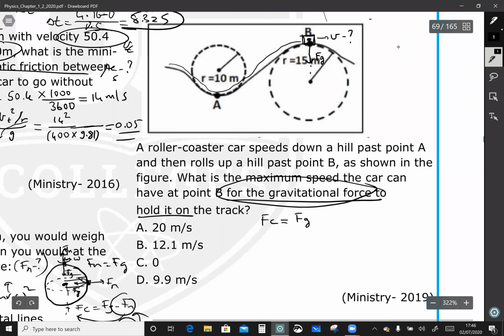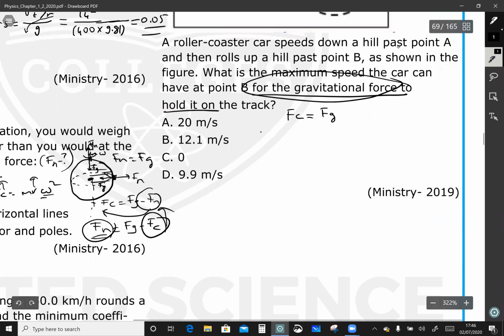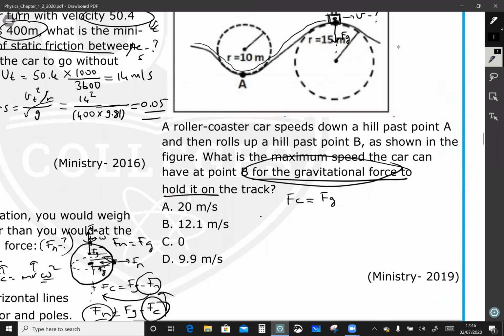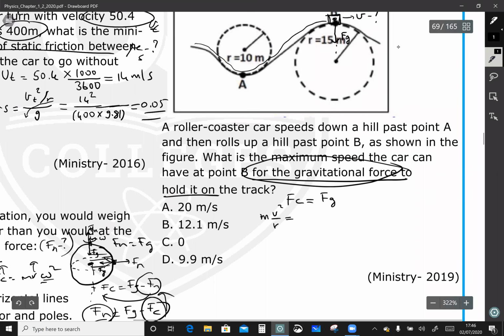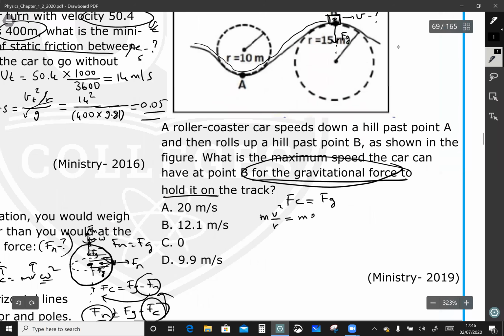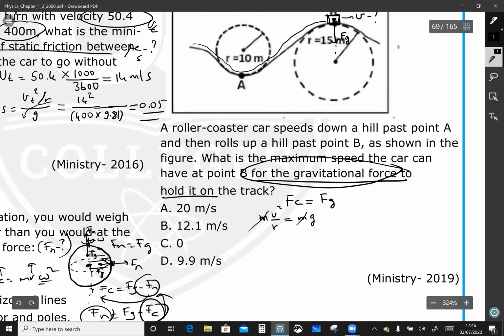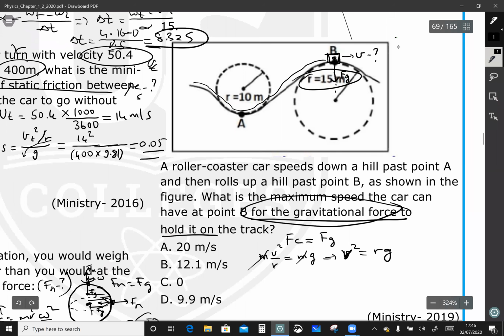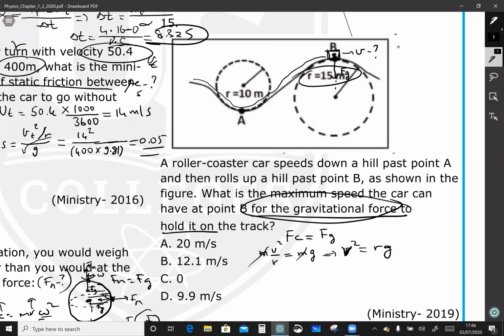According to this question, the centripetal force equation is m v squared over r equal to Fg, which is m times g. Simplify m and m, and you get v squared equals rg. Taking the square root, v is equal to root of rg.